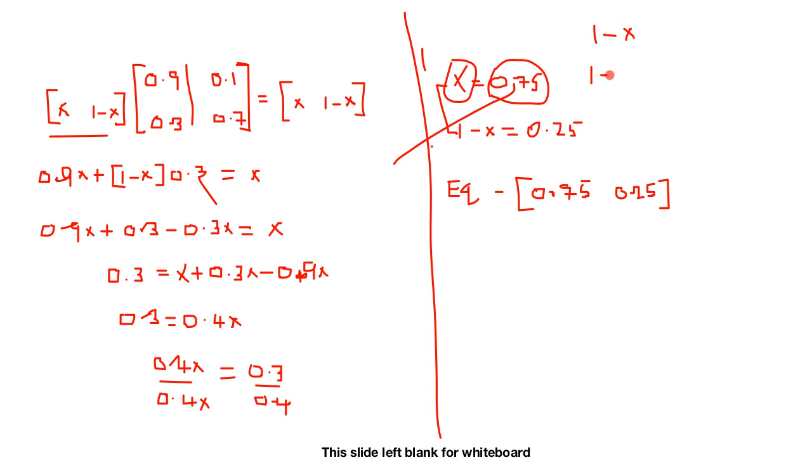Therefore, 1 minus x will be 1 minus 0.75. If you subtract 0.75 from 1, that is where we are getting the 0.25. So Irene, are you now okay where we've got the 0.25 from? Yes? Okay. Thank you.